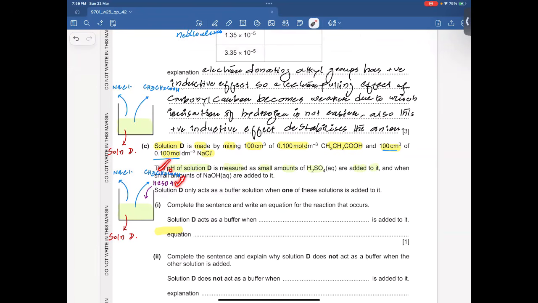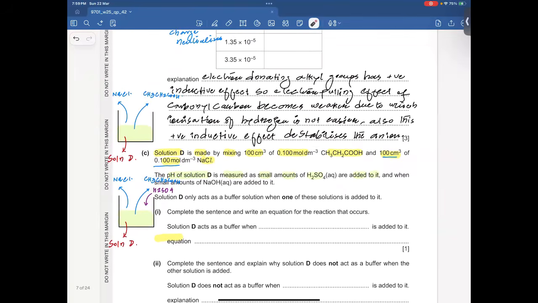So these two acids cannot react together. And also NaCl cannot react with H2SO4 of this concentration. NaCl can only react with H2SO4 when it is concentrated. That's what we have done in A1, if you remember, in group 17 elements. So in the first place, with H2SO4, there will be no visible reaction.